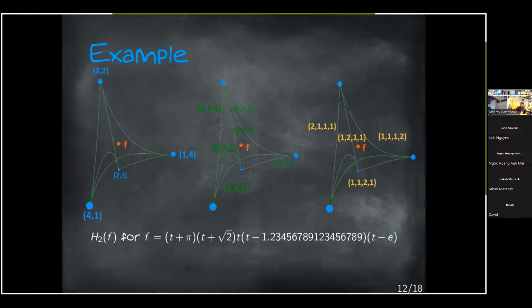These all have 2 distinct roots, which we knew from before. In the middle picture, you see these curve segments, the green ones. They all have 3 distinct roots.